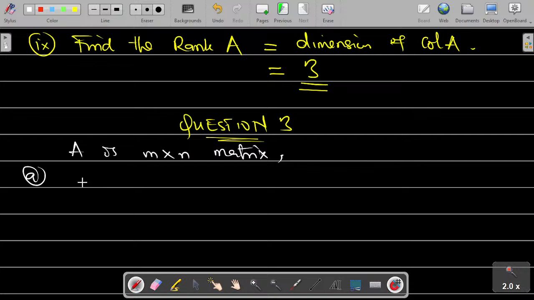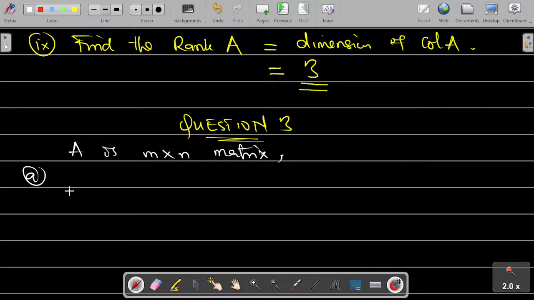Okay, let me read that. Then a typical vector V in null space A has the property that AV is equal to 0, while a typical vector V in column space of A has the property that Ax should be equal to V, should be consistent. That's exactly what we just did up there. That's what they're asking us here.